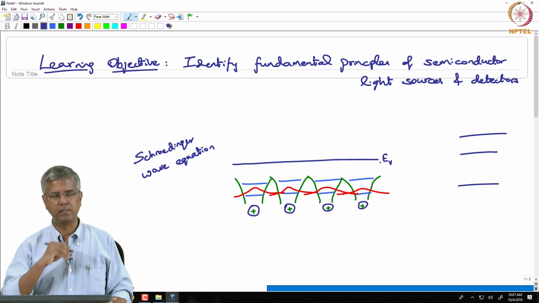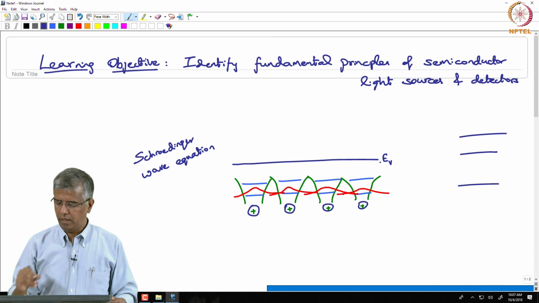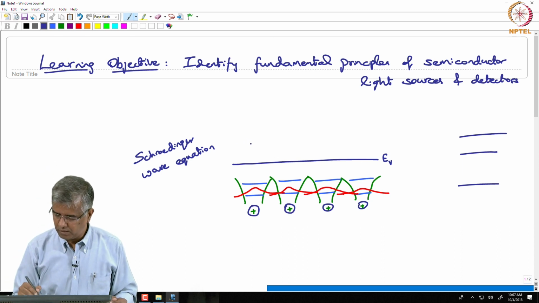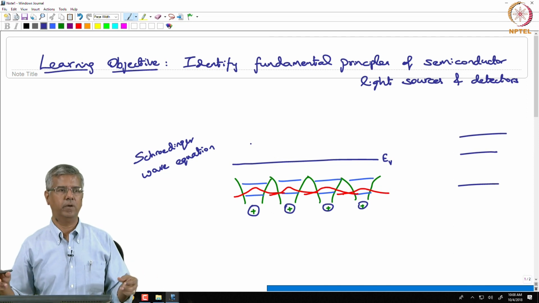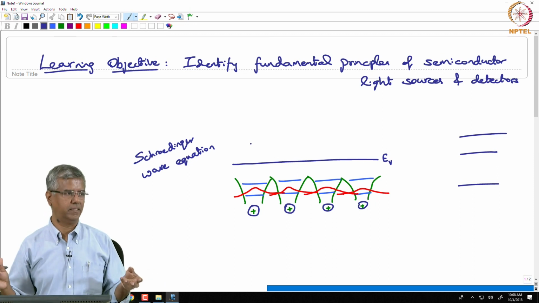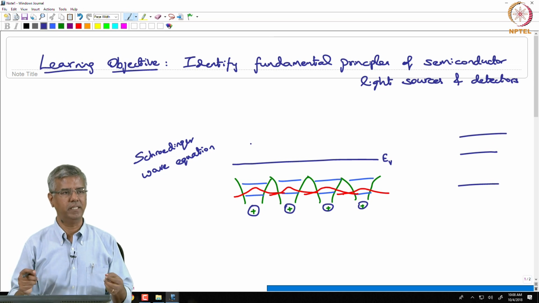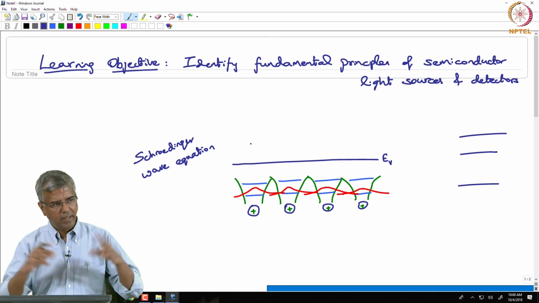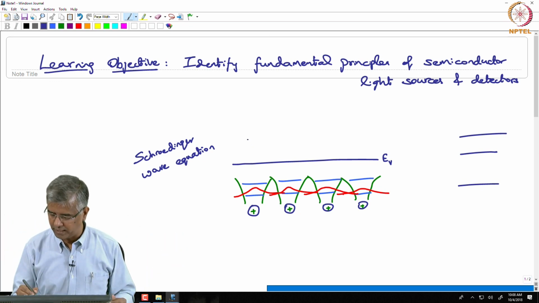So let us say this is EV. Then what we will see is it is either bound to these potential wells or atoms, or it is free to move around the lattice. If you give it some external energy, it can unbind itself from that atom and then it is free to move around that lattice.